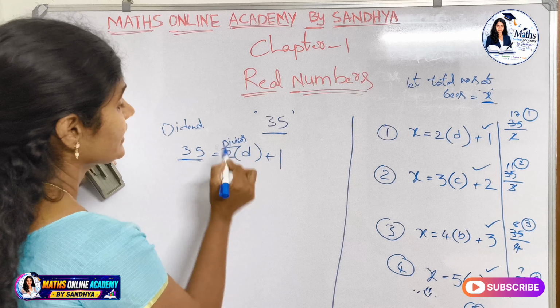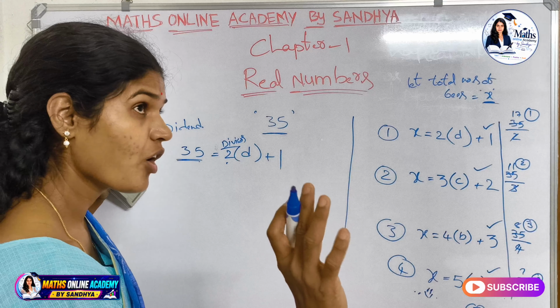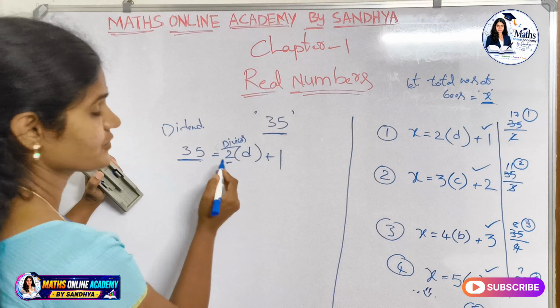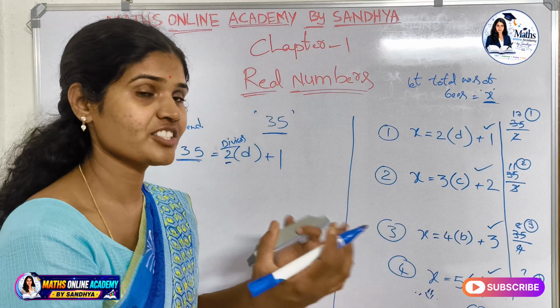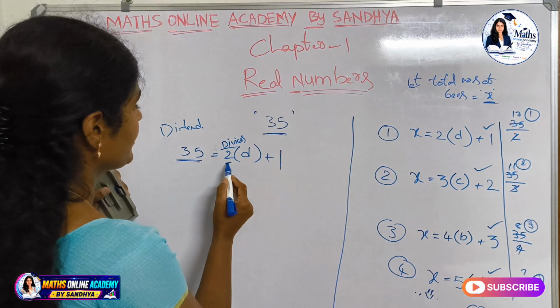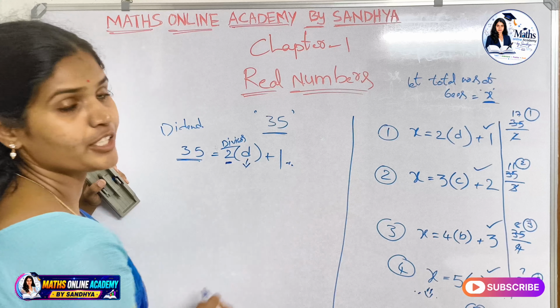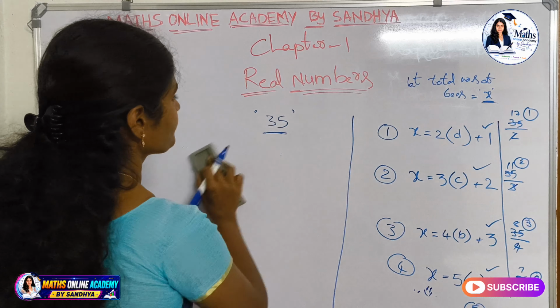Divisor means the flowers are sharing. What is the number of flowers? That is this one. So dividing, sharing: those flowers are sharing the bees. That is the divisor. This is the quotient. This is the remainder.